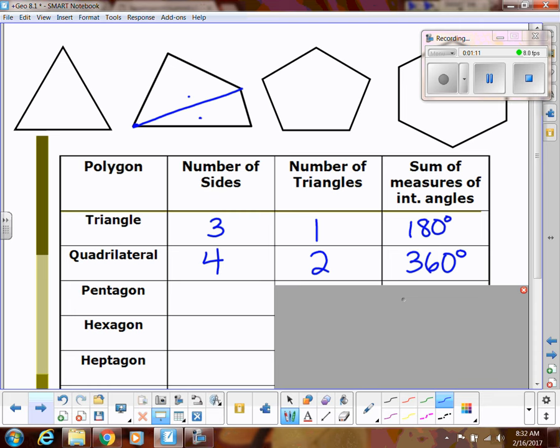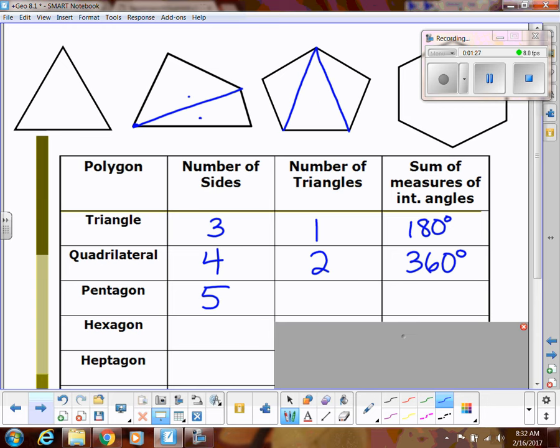All right, but let's try to extend that to any polygon. So let's see what happens if I do a pentagon. I make a triangle there, and I can make a triangle there, so that's a total of 3 triangles. If I add those together, that'll be 540 degrees.